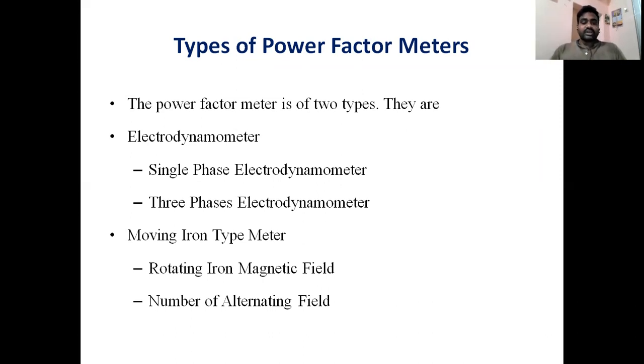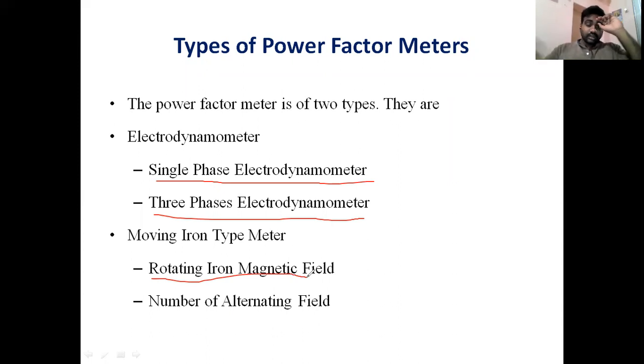The moving iron type is again classified into various types: the rotating iron type power factor meter, the rotating iron magnetic field type power factor meter, and the number of alternating fields power factor meter. These are the various classifications of power factor meters.